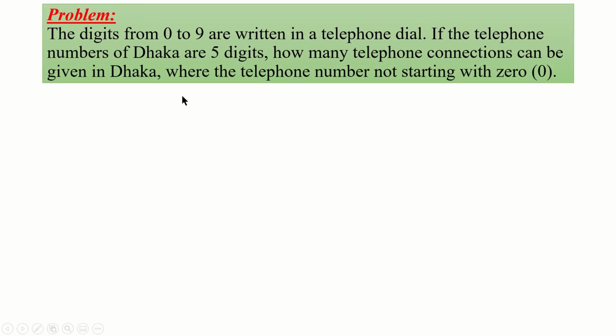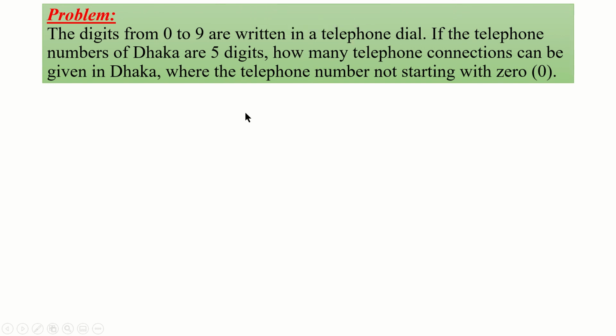Problem. The digits from 0 to 9 are written in a telephone dial. If the telephone numbers of Dhaka are 5 digits, how many telephone connections can be given in Dhaka where the telephone number is not starting with 0? Follow the solution everyone.